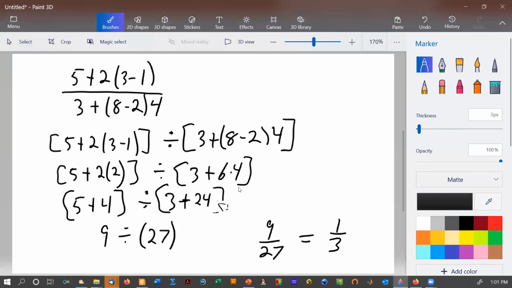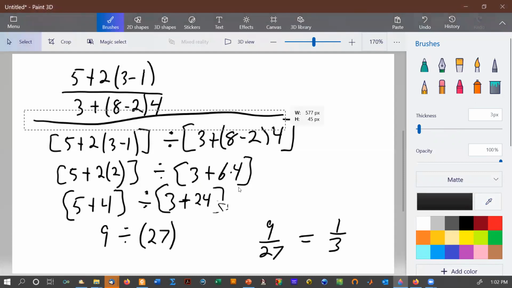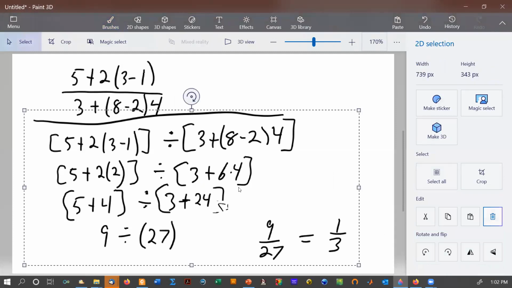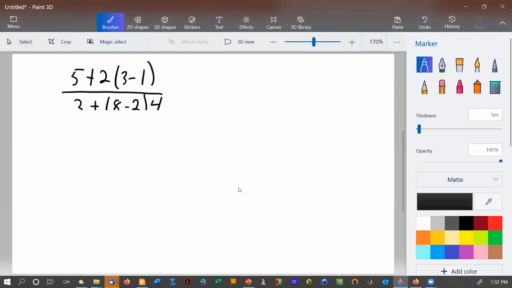Okay. And we could do this a different way. If we looked at this, 3 plus 8 minus 2 times 4, we could say, okay, well, I'm going to look at the top and the bottom and parse each one each way.